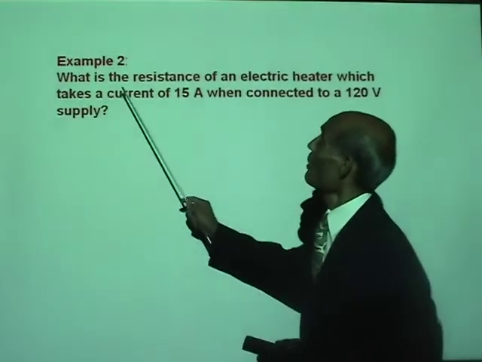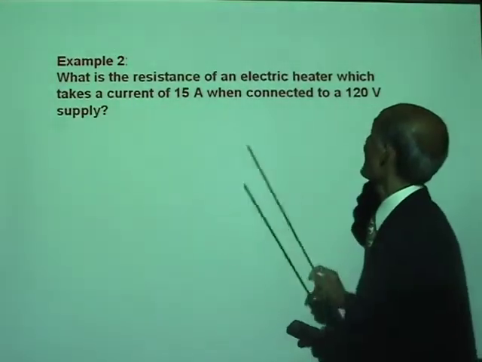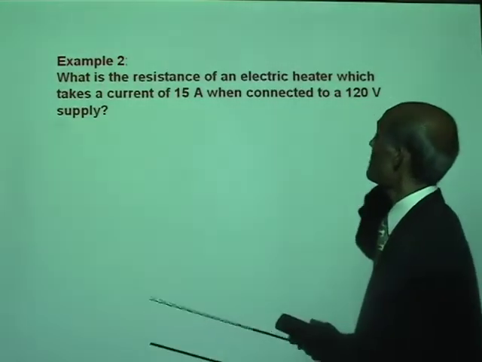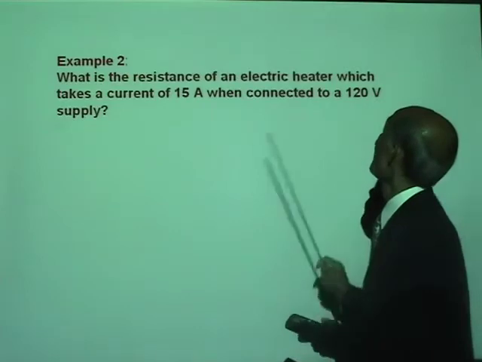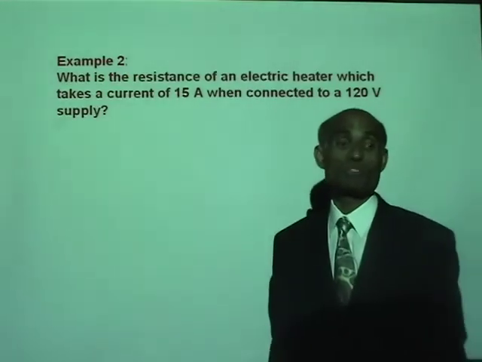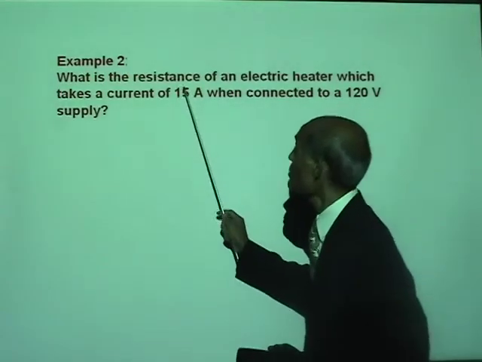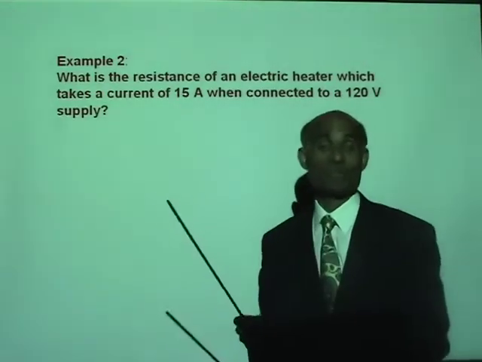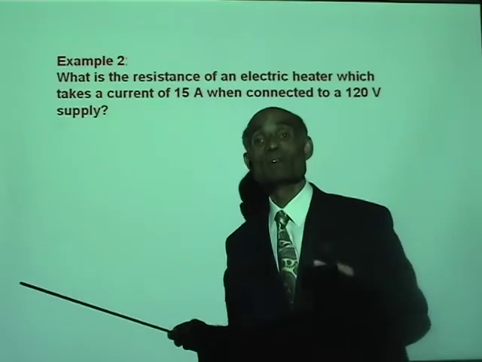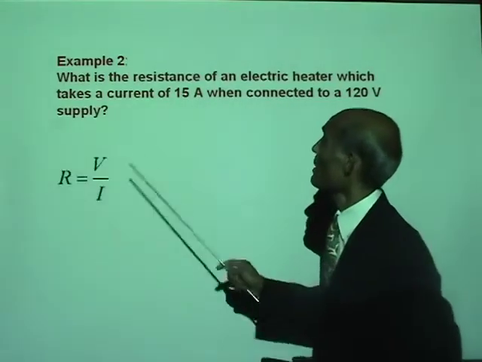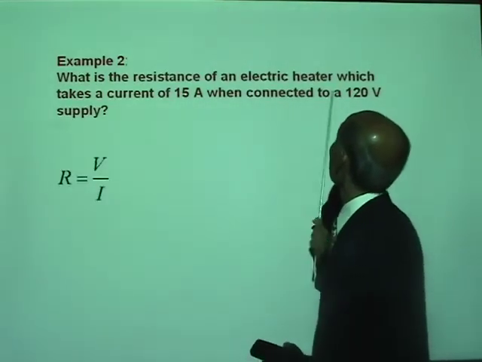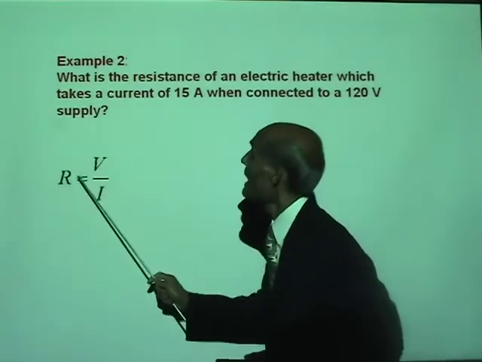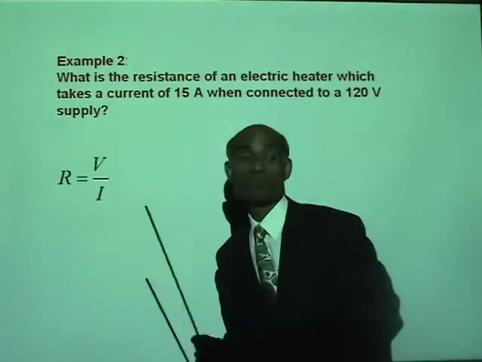Another one. What is the resistance of an electric heater which takes a current of 15 ampere when connected to a 120 volt supply? Now this time we know the potential difference, we know the current, and therefore we need the resistance.